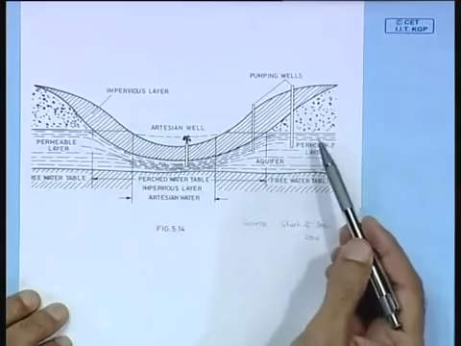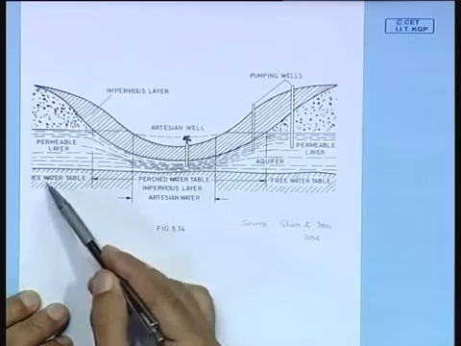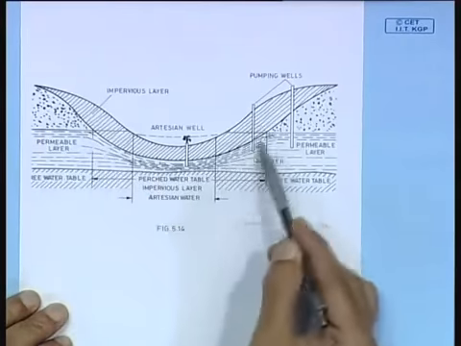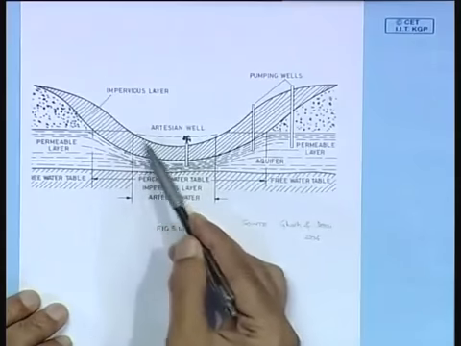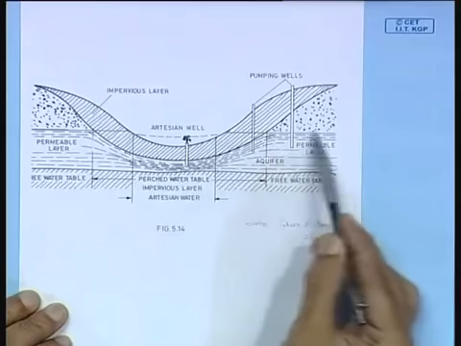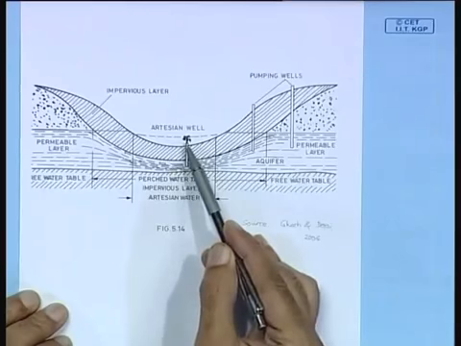Here the free water table is somewhere here, and in this region where the ground surface is below the free water table, the water is under pressure.